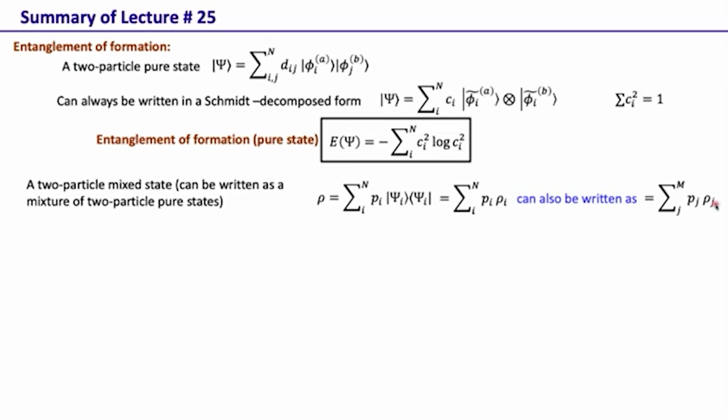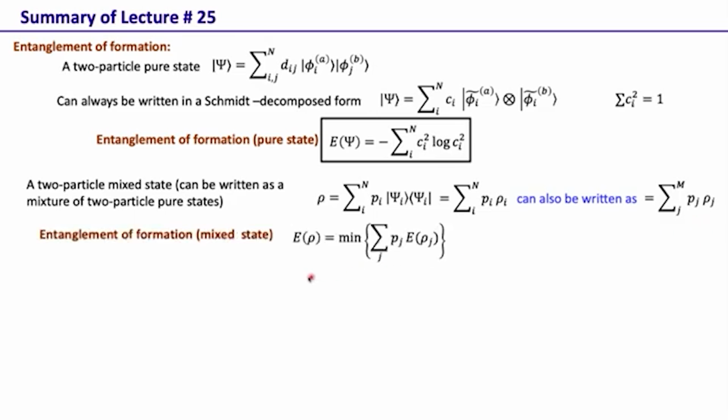Okay, so once we have a two particle mixed state written as a mixture of two particle pure states, the entanglement of formation is defined like this. The entanglement of formation of the pure state is just E(ψ_j), which is given by this formula. Then p_j is the weightage of the pure state in the mixture, and we sum over all those states.